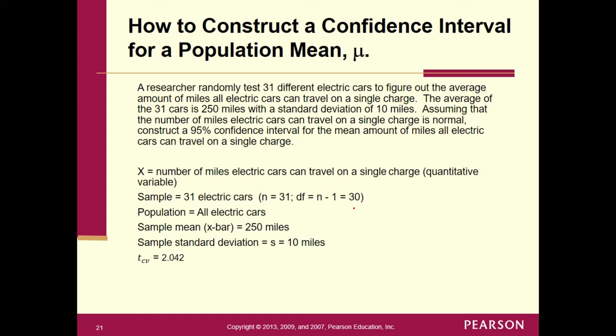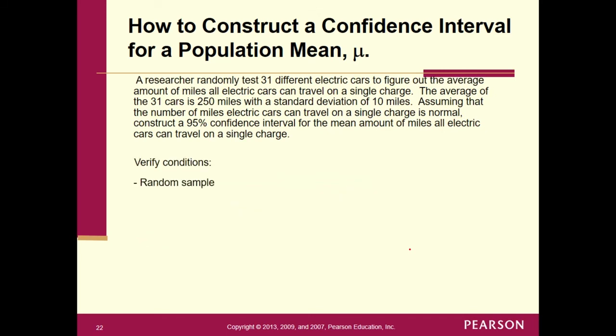Notice that it's just a little bit higher than the value we would have used with the standard normal. Remember, the standard normal would have been 1.96, but the t makes that critical value just a little bit bigger, because of that little extra uncertainty we have from using s, the sample standard deviation, as part of the formula.